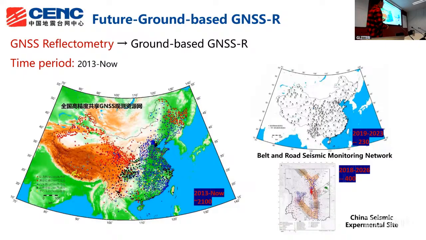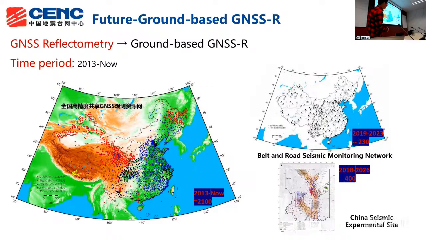And besides data sharing, we also built 2 other big projects. One is the Belt and Road Seismic Monitoring Network, which is based on CMONOC, and will build 230 GNSS continuous stations around China.